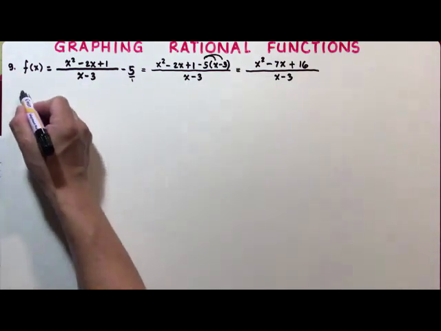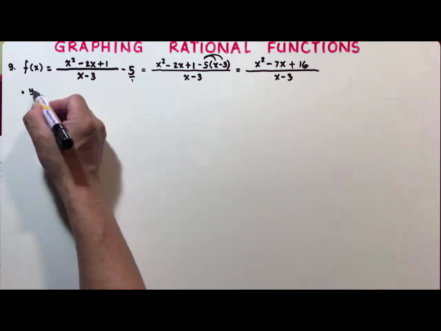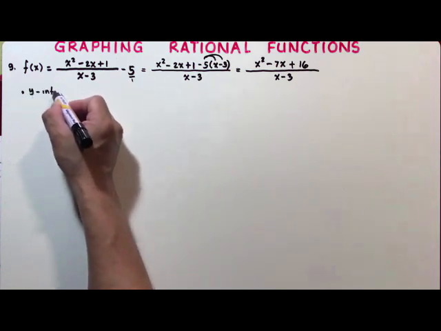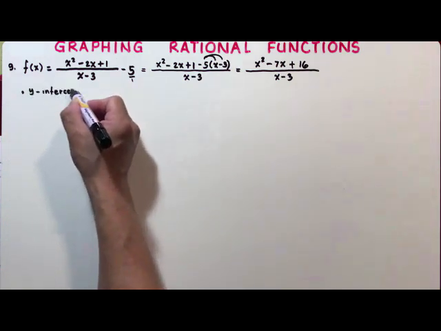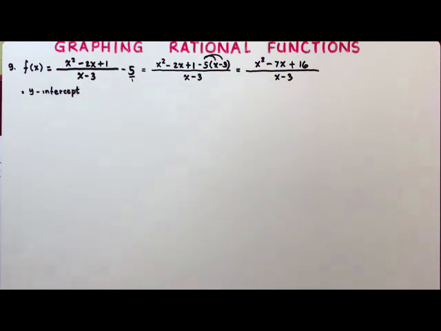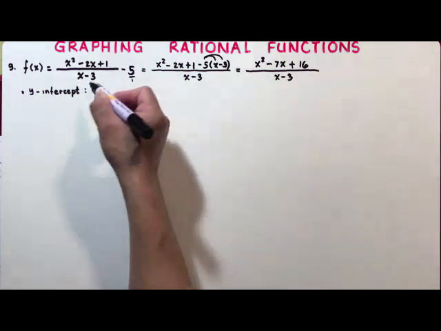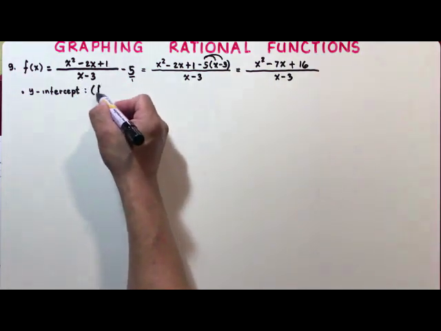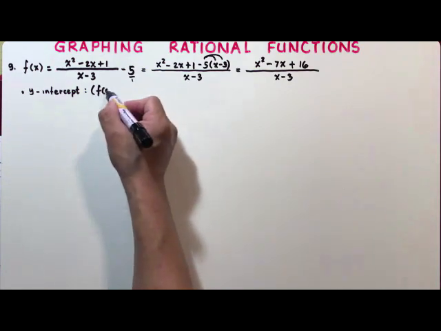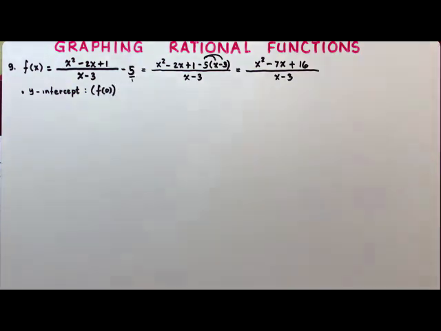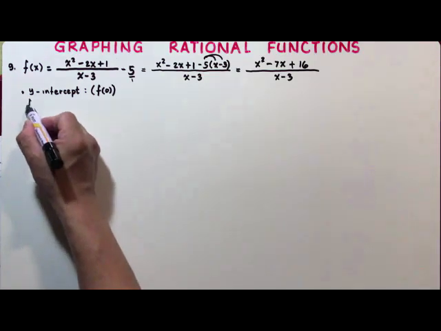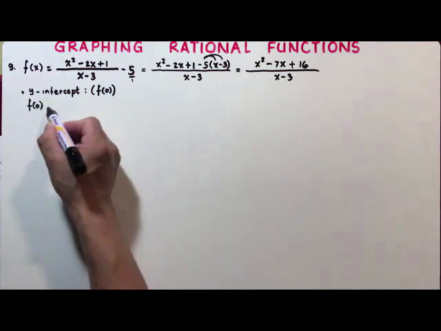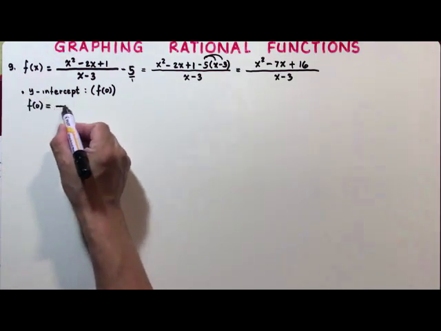So let's proceed to the y-intercept here. What is the y-intercept of the graph? To find the y-intercept, we need to evaluate the function at 0, because the y-intercept must have an x-coordinate of 0. So evaluating f of 0, we substitute the 0 into our function.